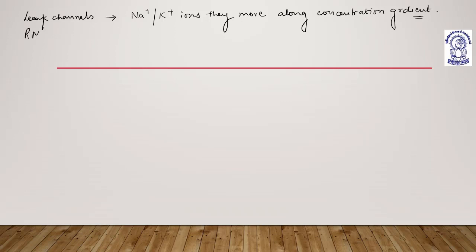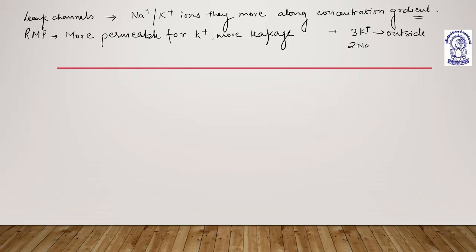The resting membrane potential is more permeable to K plus. That is why K plus is leaked out more, so more leakage. For three sodium ions going outside, two potassium ions come inside.